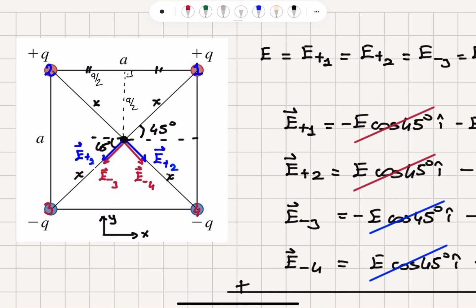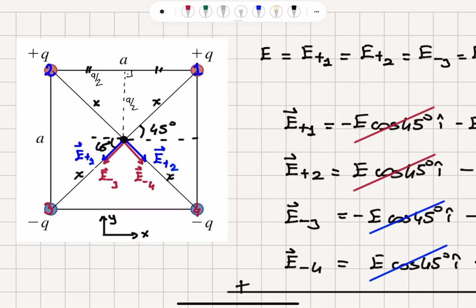For 1 and 2, these are radially outward, so they're going to be pointing out in this direction. For charge 3 and 4, pointing towards the charges. And we can see that even from this figure, the x components will cancel, the y components will add up, giving us a total electric field in minus j hat direction.